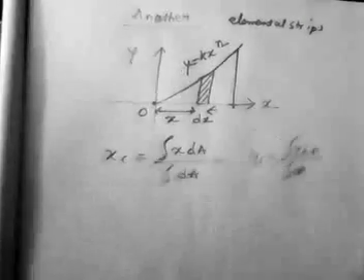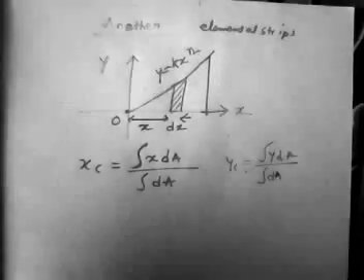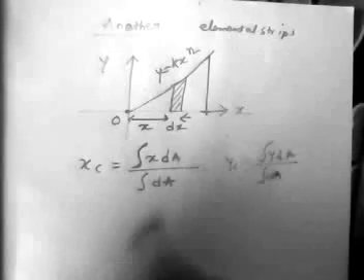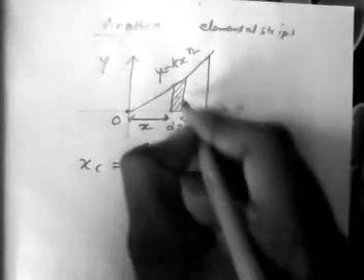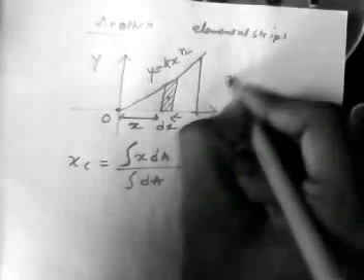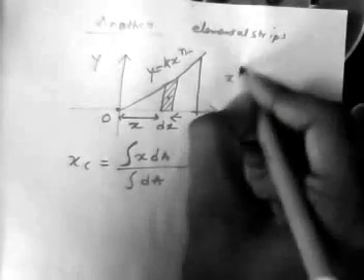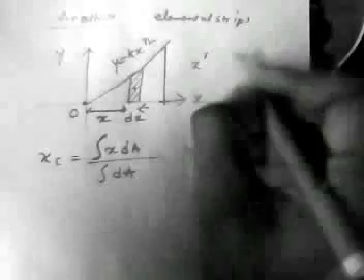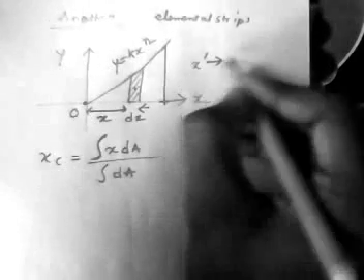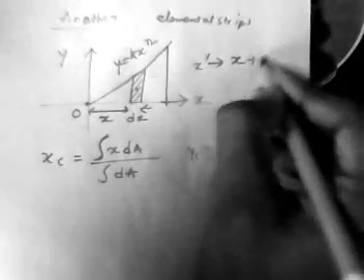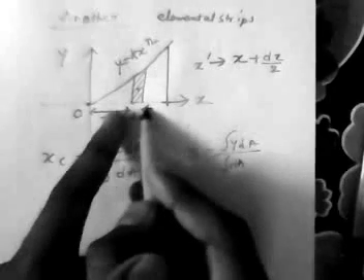Here we will consider a rectangular strip. We are considering this strip and we have to consider a function of it. The distance of the strip is x from this datum and the width of this strip is dx.